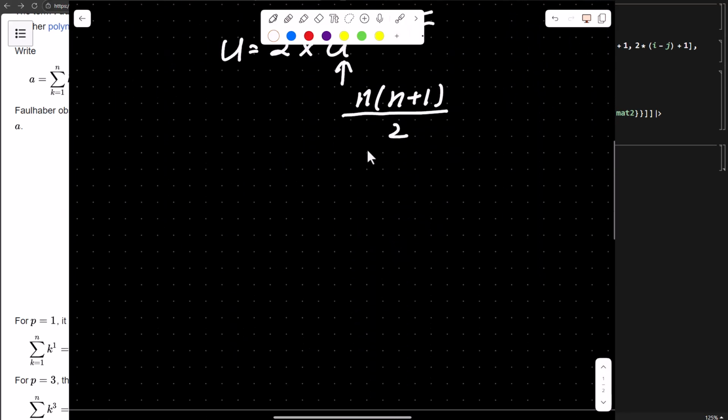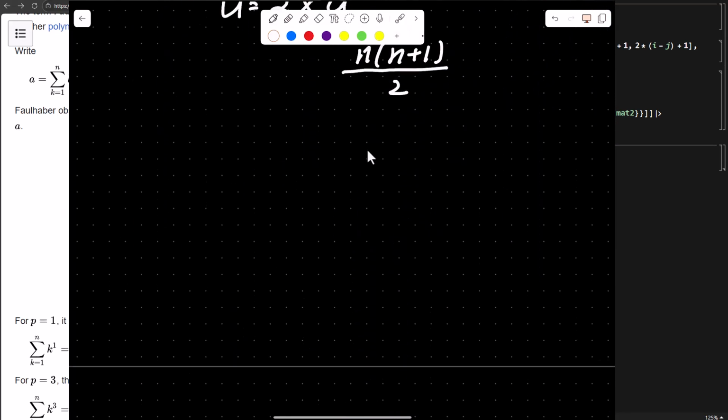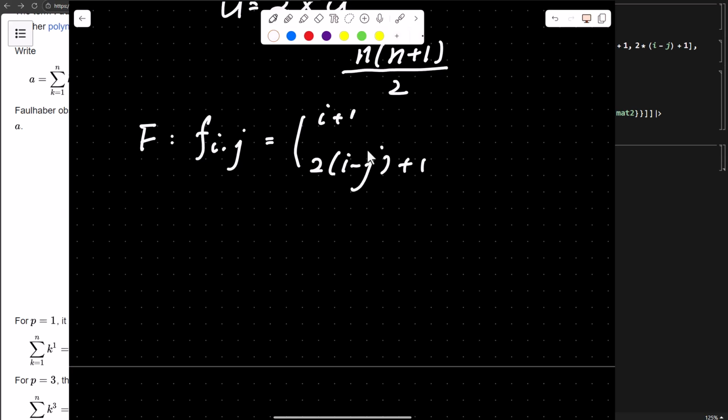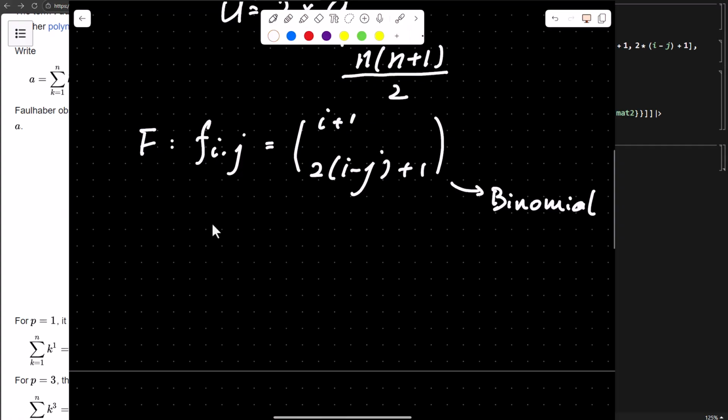In the F matrix, we have the item F_ij, which is the binomial coefficient of i plus 1 over 2 times i minus j plus 1. And this square bracket is the binomial. Okay, so this is everything inside this matrix.